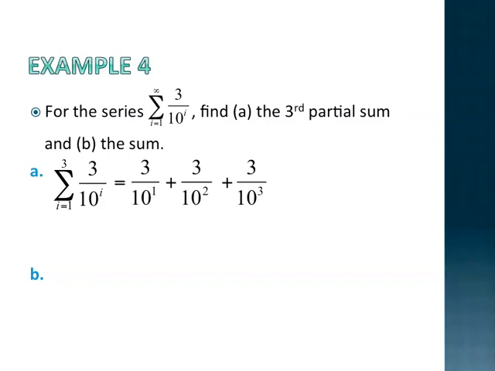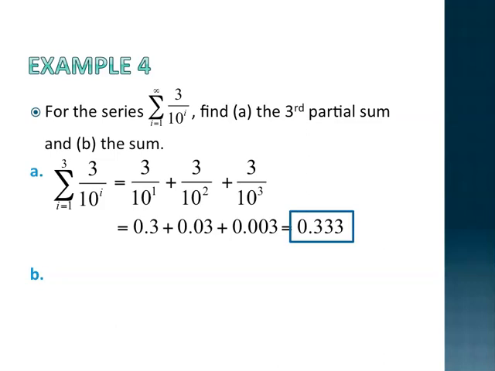This one might actually be pretty helpful to write in decimal form. In decimal form, this would be 0.3 plus 0.03 plus 0.003. So this is equal to 0.333, and it stops there. All right, so that's our answer for part A.